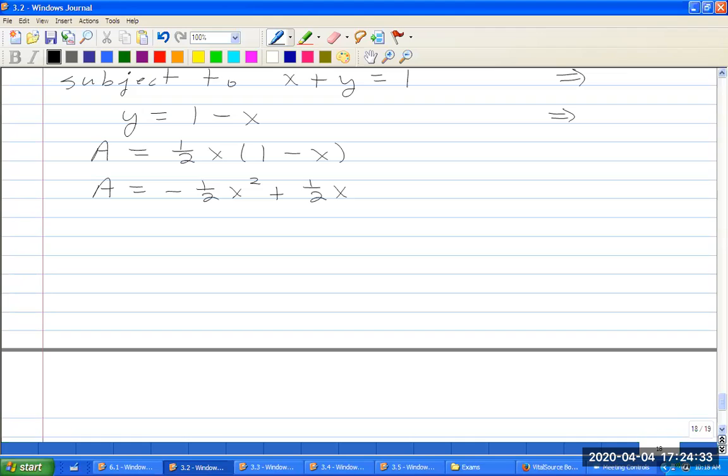This is written in the general form of a parabola. A in this case is negative 1/2, which is less than 0, which means this has a maximum at the vertex.